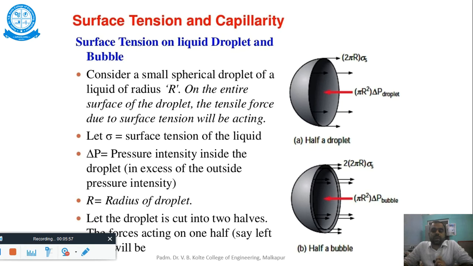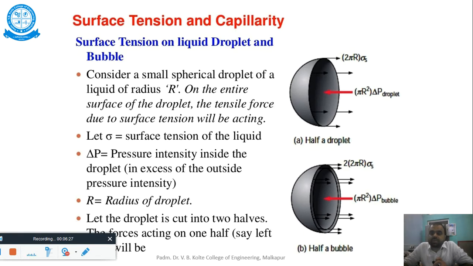So there is a small derivation for the surface tension. It will be surface tension on the liquid droplet and the bubble. So consider here a half liquid droplet is given, and here a half bubble is given. Okay, some forces are mentioned here. So consider a small spherical droplet of liquid having radius capital R. On the entire surface of the droplet, the tensile forces due to surface tension will be acting.